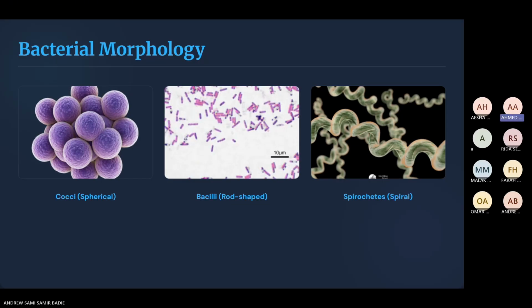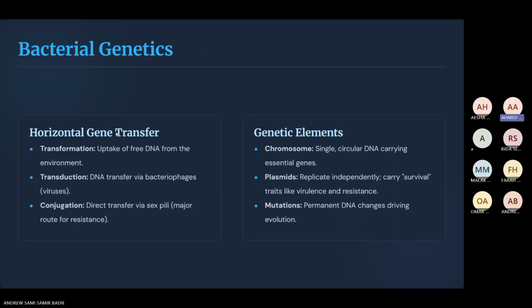Moving into bacterial genetics, we have this concept called horizontal gene transfer. It's divided into three main concepts, the first being transformation. When we're talking about transformation, the DNA gets sucked in by the bacteria, and this DNA itself came from a dead bacteria or from the environment itself.